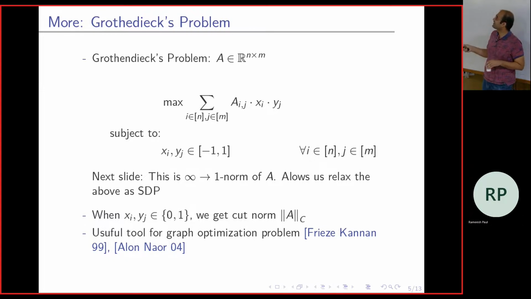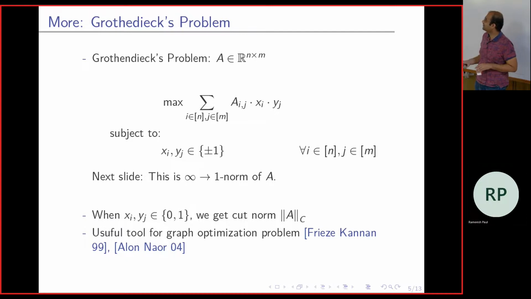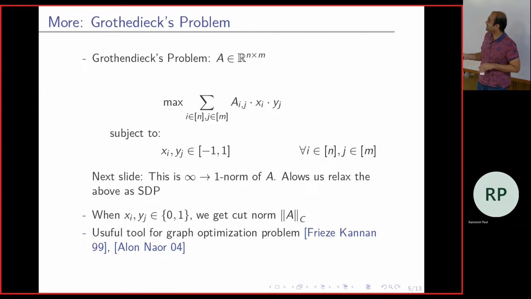There is no xi in the derivative because it's a linear term. So it's positive or negative, and you can go to one of the states. So the optimum is actually always achieved by plus or minus 1. Therefore, you can relax this plus or minus 1 to the interval minus 1 to 1, and then this automatically suggests an SDP relaxation. You replace xi by a vector. So that's the SDP relaxation.